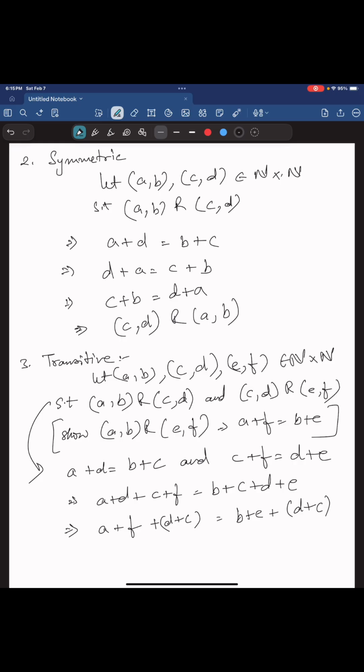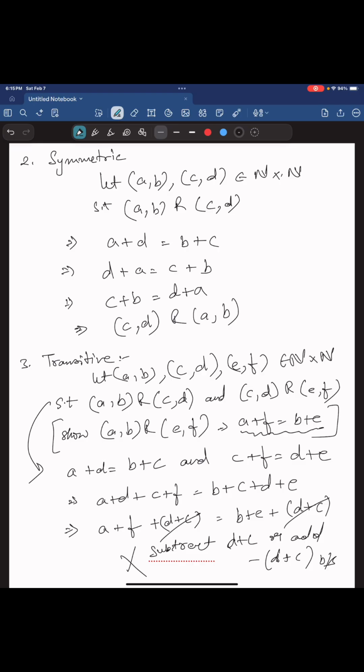Now I can clearly see that if I just cancel these two, in other words if I subtract d + c from both sides, or add minus (d + c) to both sides, right? But no, I'm not going to do that. Why?